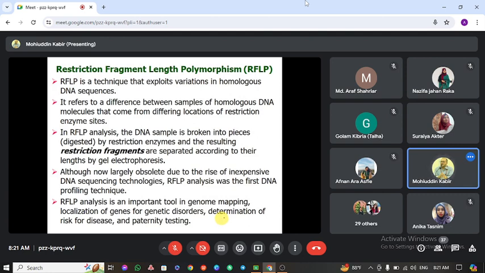RFLP is a technique that is used to exploit variations in homologous DNA sequence.